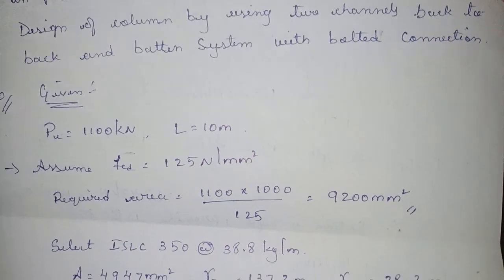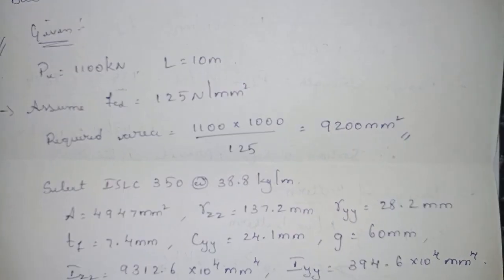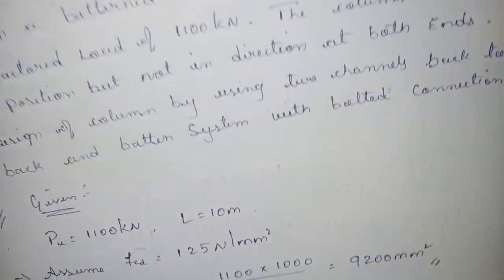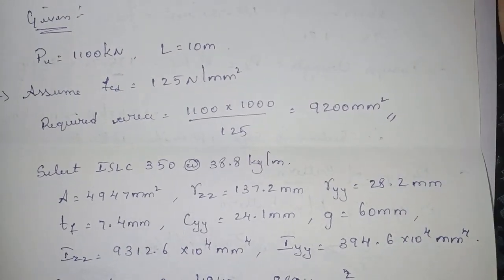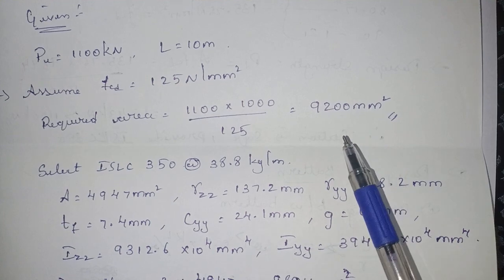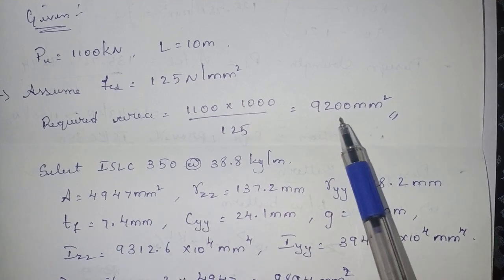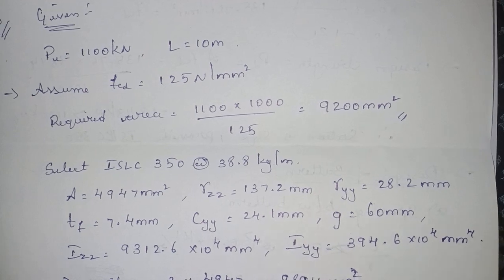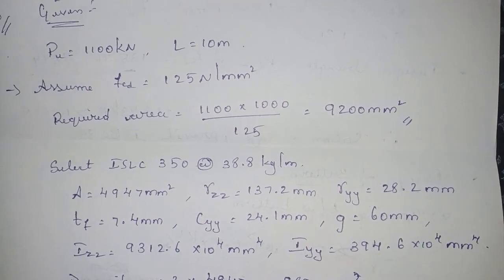Okay, so now you need to go for the selection of the channels. Whatever area you have got, divided by 2, you need to search for the nearest channel section. C sections you need to search in the steel table.